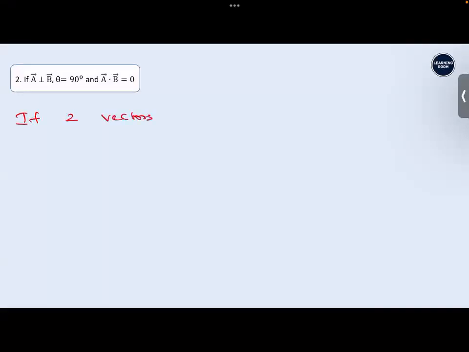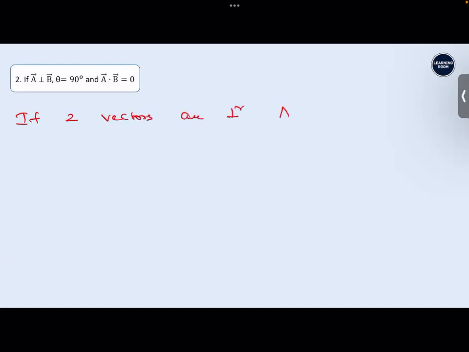Second, if A vector is perpendicular to B vector, then what is the value of theta? Obviously 90 degrees. So if two vectors are perpendicular, the dot product between them is always zero. In most of the problems, they will tell you that the two vectors are perpendicular, then find this particular rectangular component.